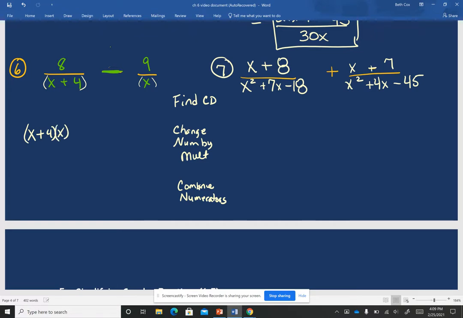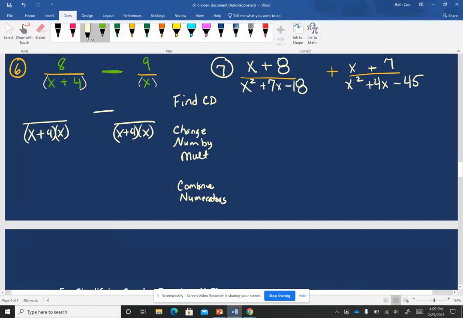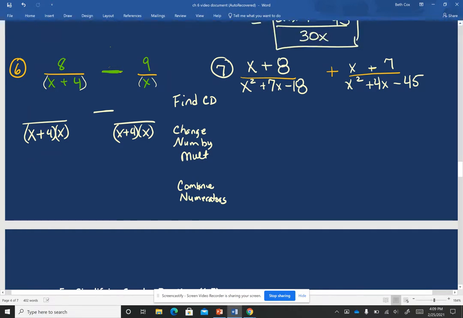So now that I know my common denominator, I'm just going to write it twice. Okay, and that minus, keep an eye on that minus. All right, so now I'm going to change my numerators by multiplying by what's missing. Now when I compare the old denominator to my new common denominator, I'm missing an x.